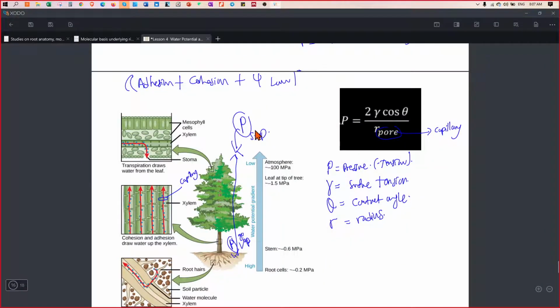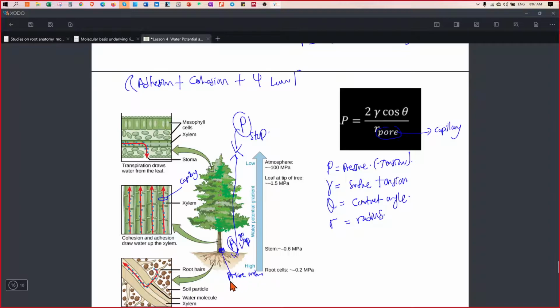And secondly, this is related to the water potential. What is the pressure needed to drive the water from the ground all the way to the top? We cannot put a pressure meter over here.